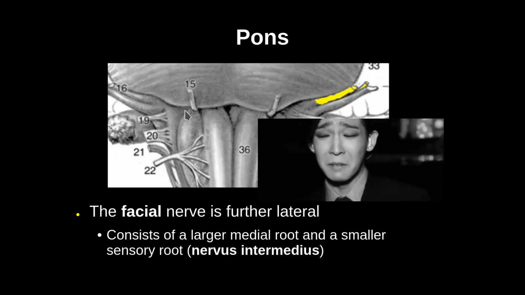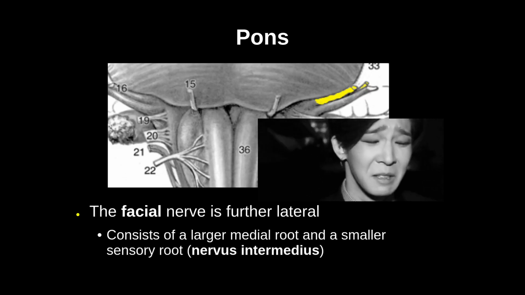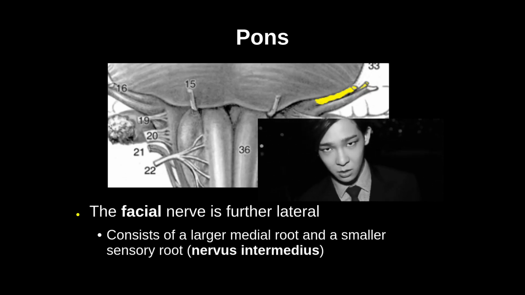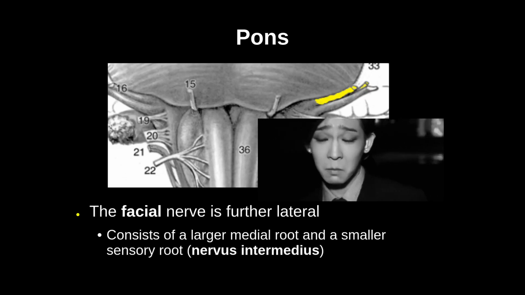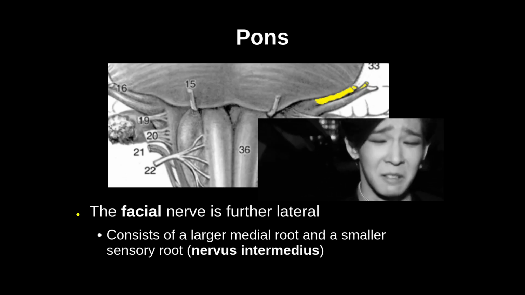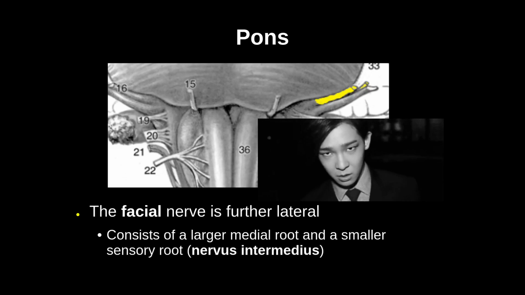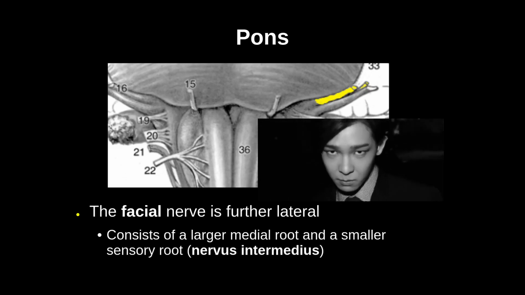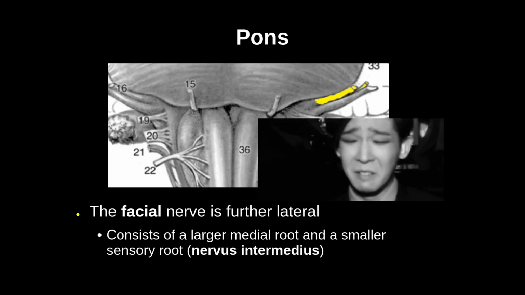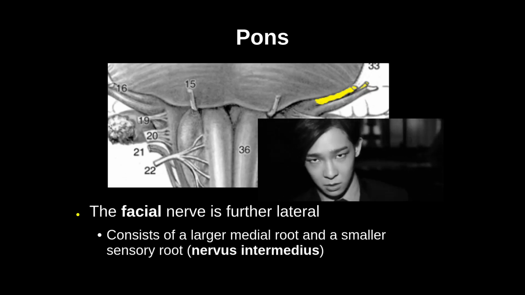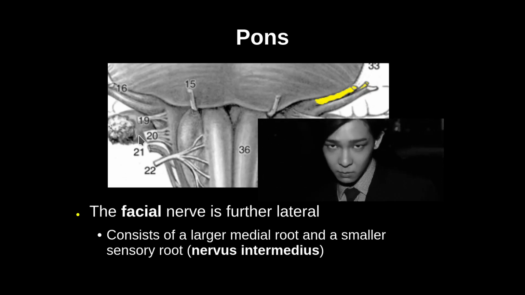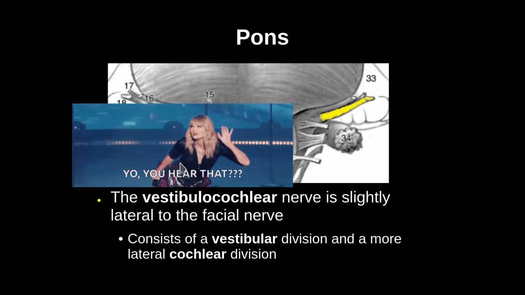So we saw earlier in the 3D model a small sensory root for taste, known as the nervus intermedius, and a larger root because that facial nerve innervates a lot of your facial expression muscles. So it must be a large nerve. But the vestibular nerve, no?